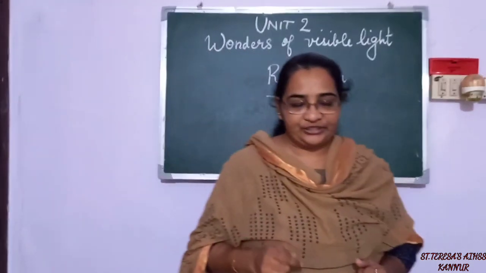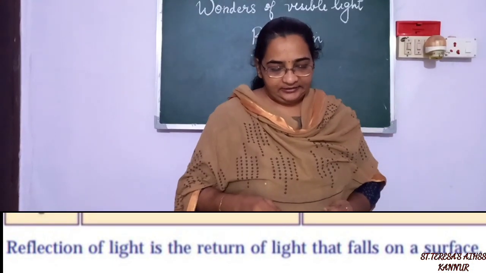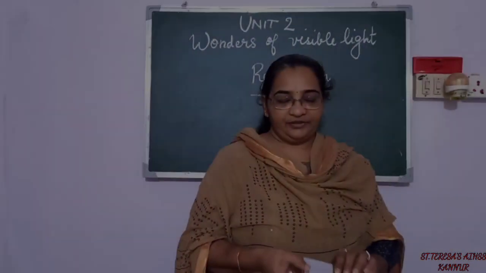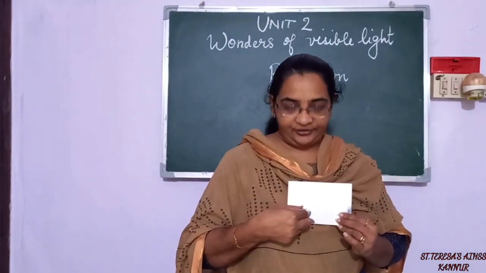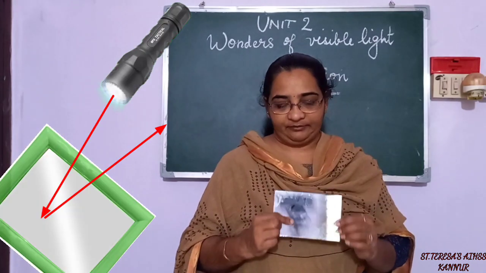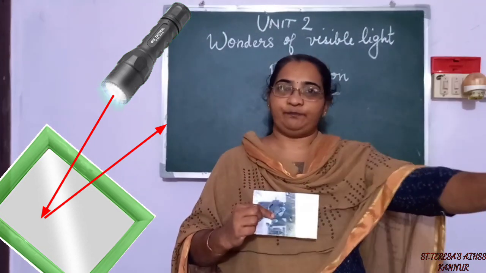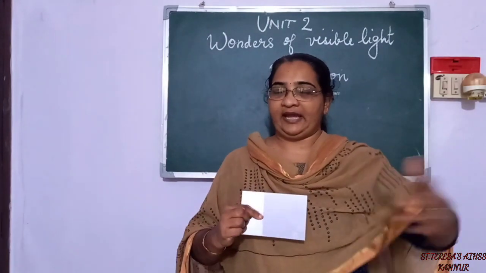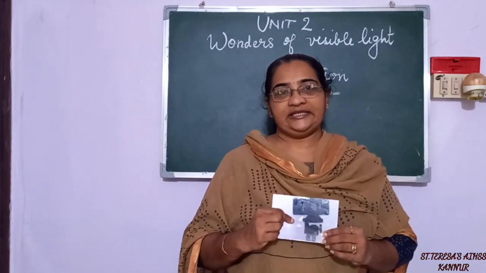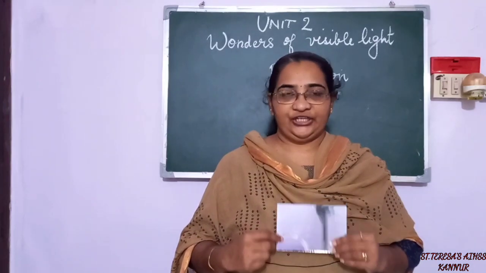So what is reflection? Reflection of light is the return of light that falls on a surface. That is, when the light falls on a surface, especially smooth surfaces like a mirror, this light reflects back, returns back onto another surface. This phenomenon is called reflection.